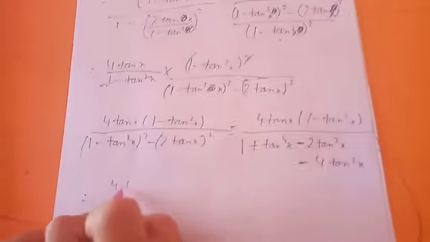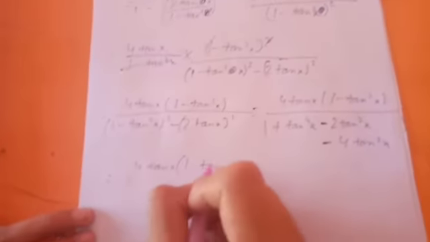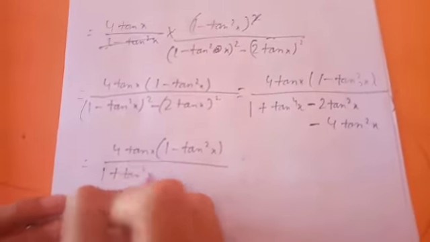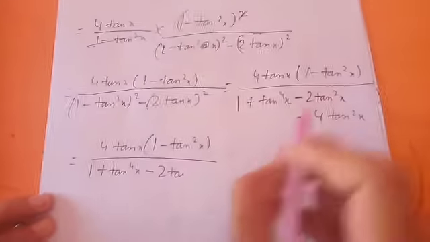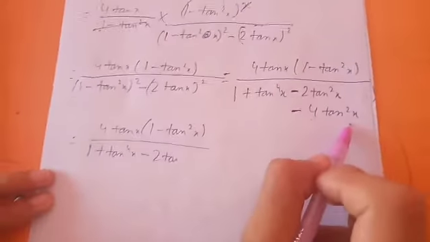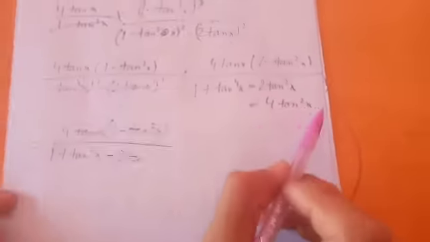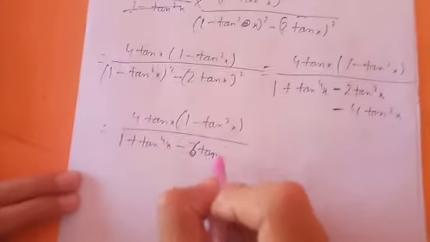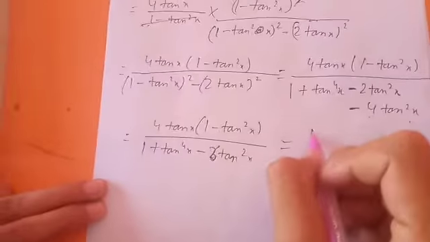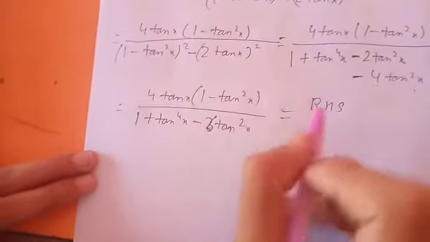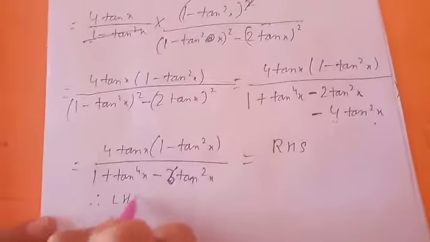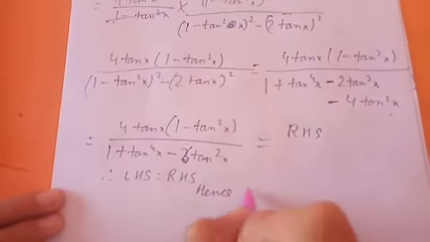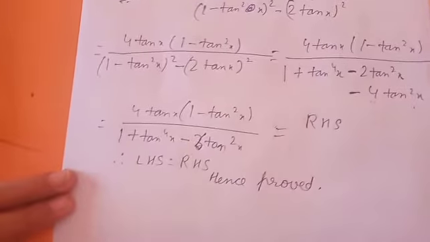So this will give 4 tangent x into 1 minus tangent square x all divided by 1 plus tangent 4x minus 2 tangent square x minus 4 tangent square x, which is minus 6 tangent square x, and that is equal to our RHS. Therefore left hand side is equal to our right hand side, hence proved.